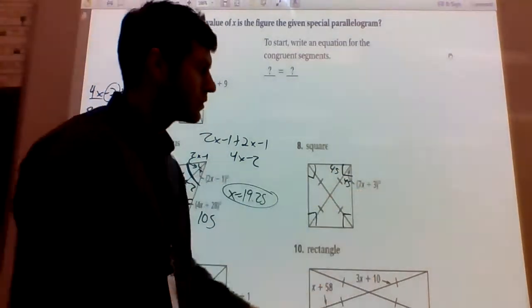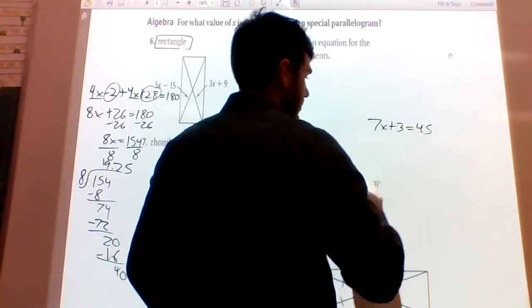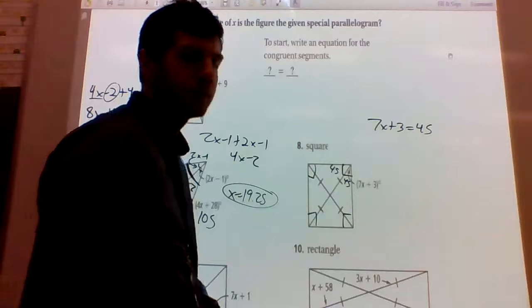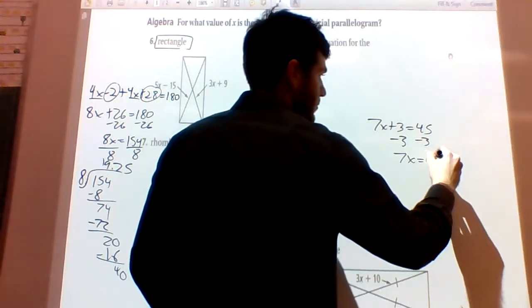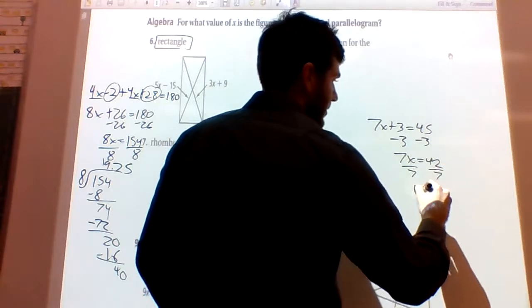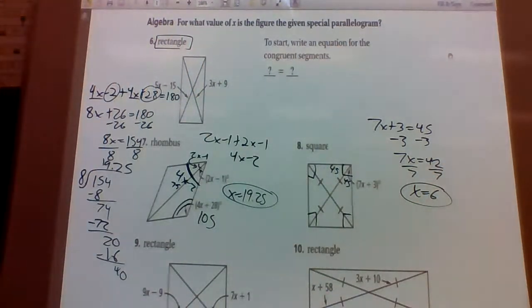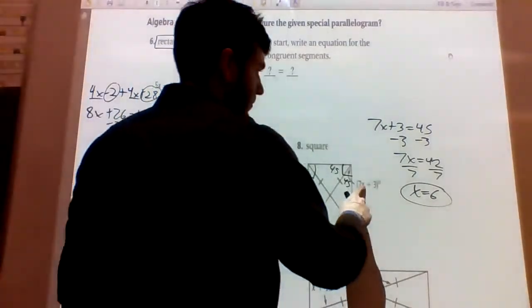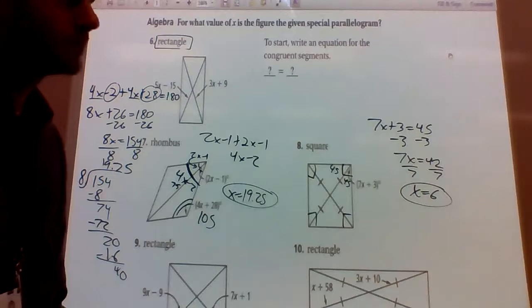So 7x plus 3 is going to equal 45. Subtract 3, 7x equals 42. Divide by 7, x is going to be 6. 7 times 6 is 42. 42 plus 3 is 45.